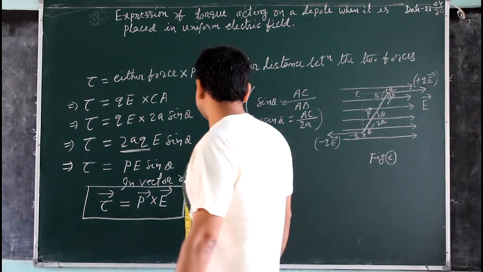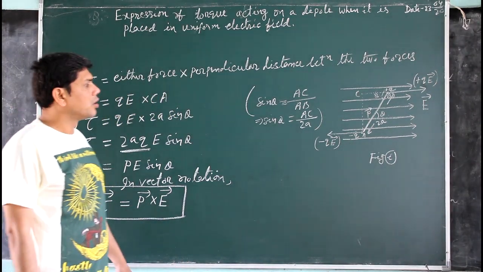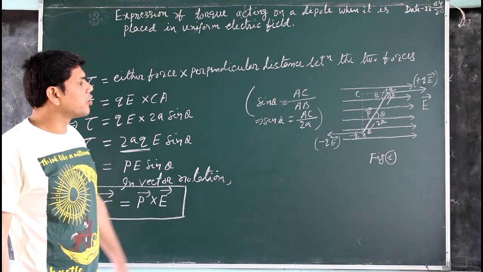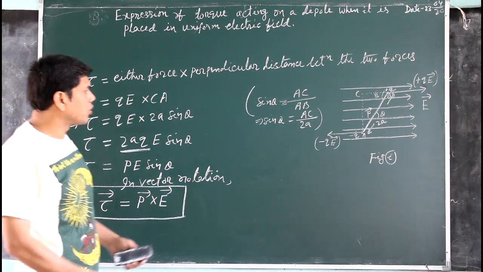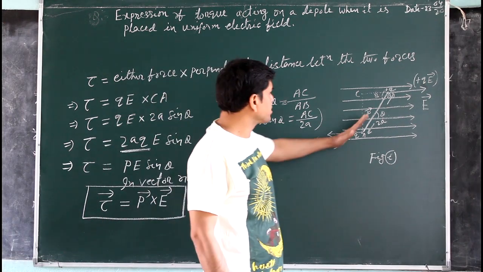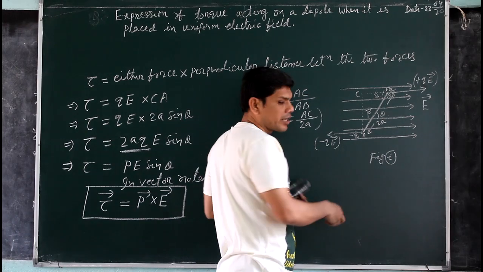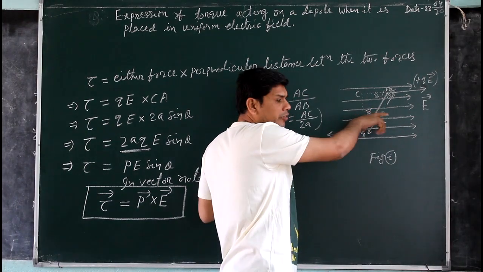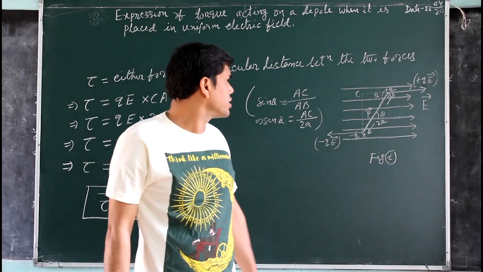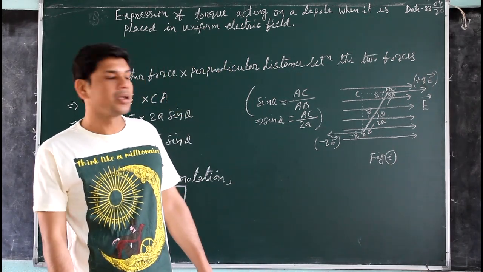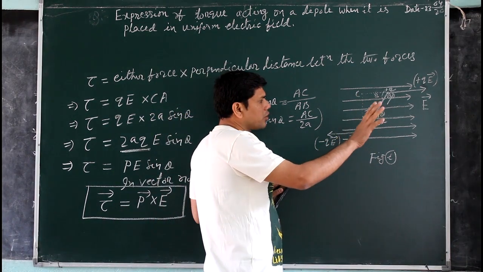Now, how to find the direction of this torque? Torque is perpendicular to both the P vector and the E vector. The direction of the P vector is along AB, and the direction of the E vector, the electric field, is along this direction. Using the right hand thumb rule, we can easily find the direction of torque.